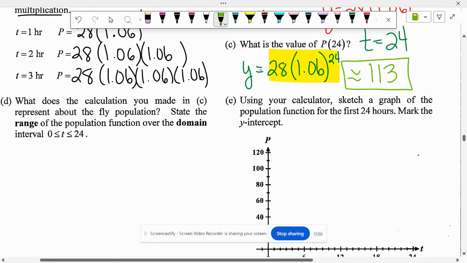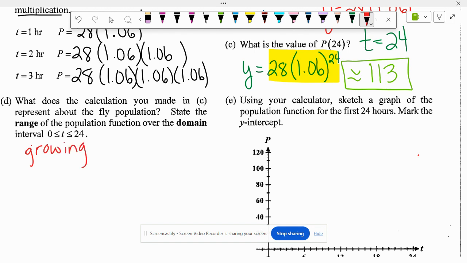So it says, what does the calculation that you made in C represent about the fly population? Well, it's growing rapidly. What is the range when I let my domain values, when I let my x values equal 0 and 24? Well, when the time was 0, when I first started, how many flies did I have?